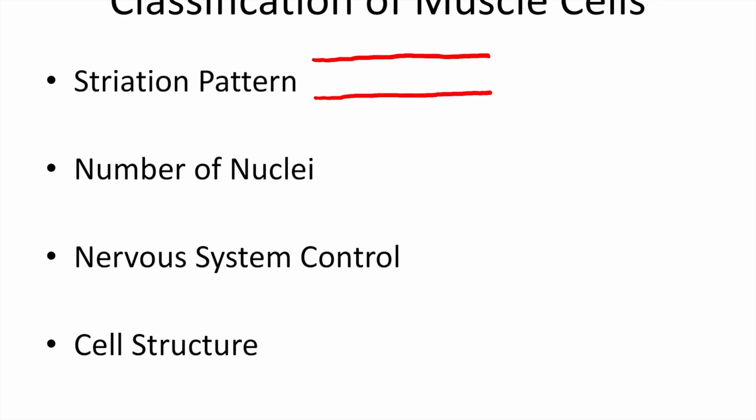And we're going to look for these lines that go from one edge of the muscle to the other. That's striation. The number of nuclei can vary between 1 to 2, or multinucleated.